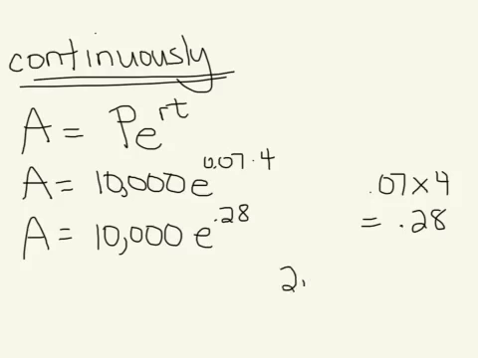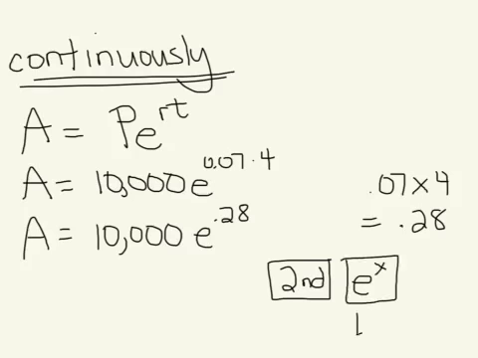So it's going to be second or shift, depending on your calculator. And then your e to the x feature, which, if you're not sure where that is, it's above the ln key. Second e to the x, 0.28. And then once you get that number, you can go ahead and press times 10,000 at the end.